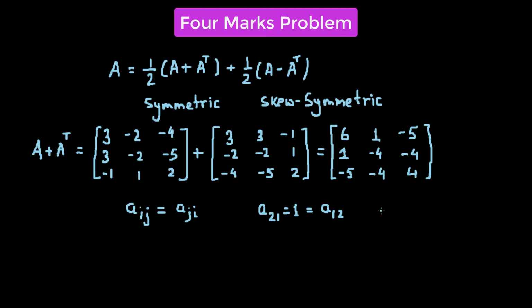Let's take another one. The element in the third row, second column is -4, and this must be exactly equal to the element in the second row, third column, which is also -4. So that means this is indeed a symmetric matrix.